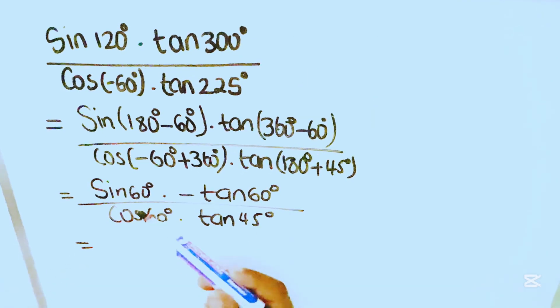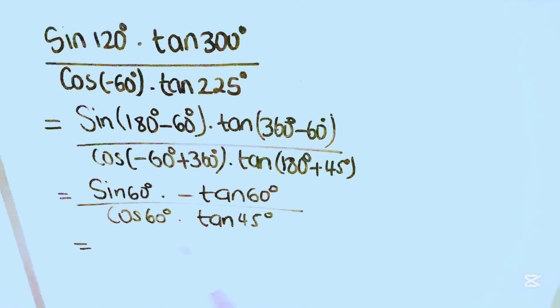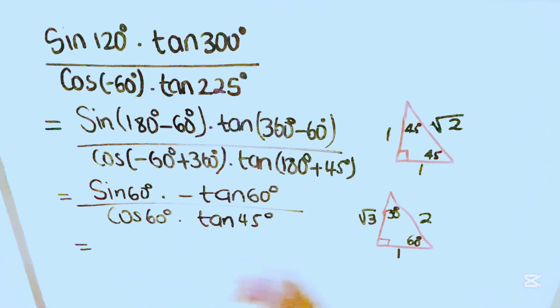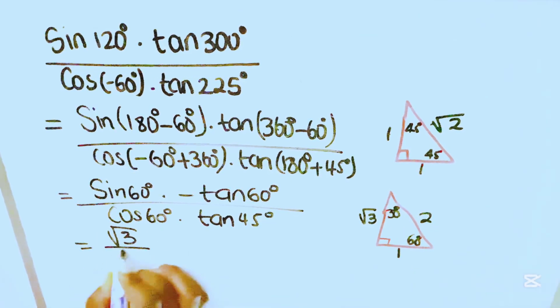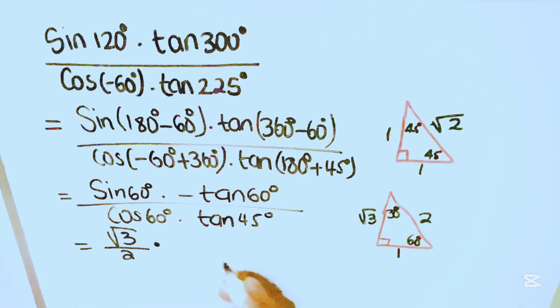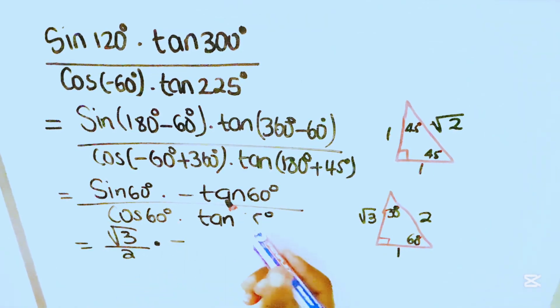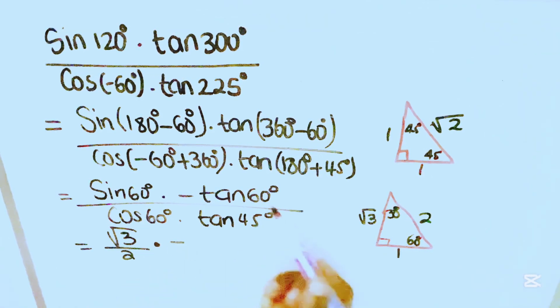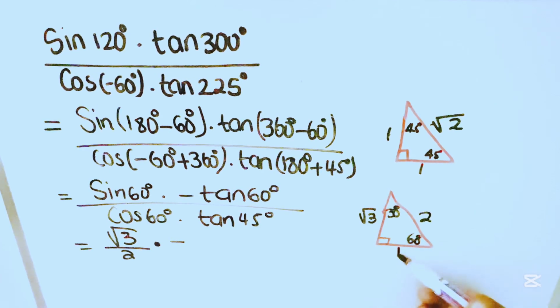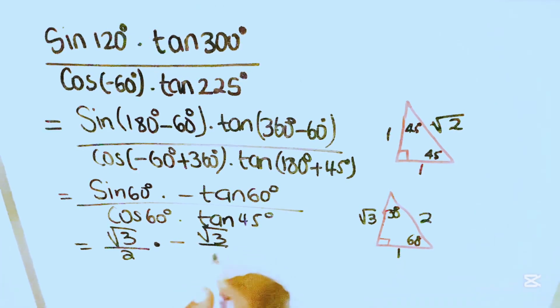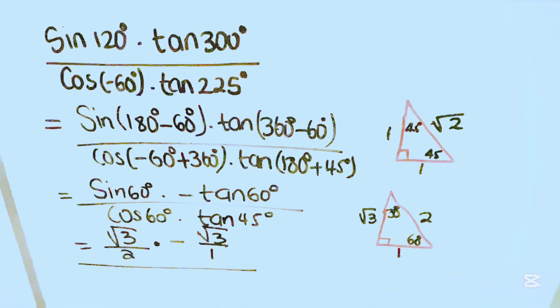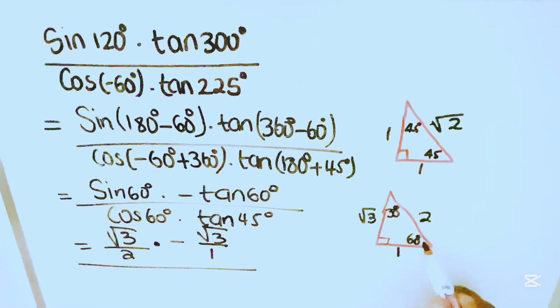So now we have the special angles. The sine of 60 is opposite over hypotenuse, gives us root 3 over 2, multiplied by the negative tan of 60. It's opposite over adjacent, root 3 over 1, all over the cos of 60.